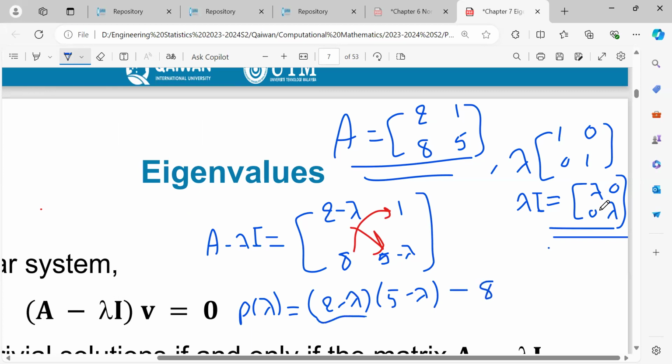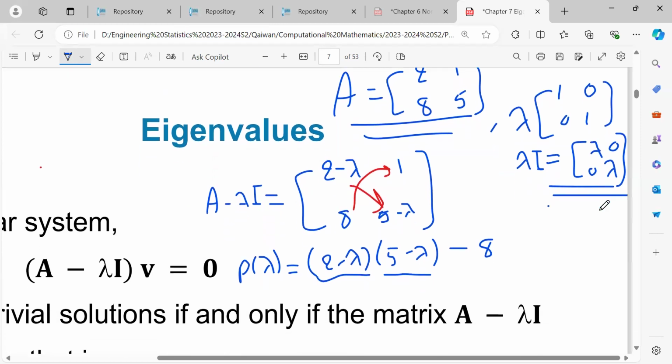We now need to multiply these two brackets and simplify it. It becomes 10 minus 2 lambda minus 5 lambda plus lambda squared minus 8. This equals lambda squared minus 2 lambda minus 5 lambda is minus 7 lambda. 10 minus 8 is 2.